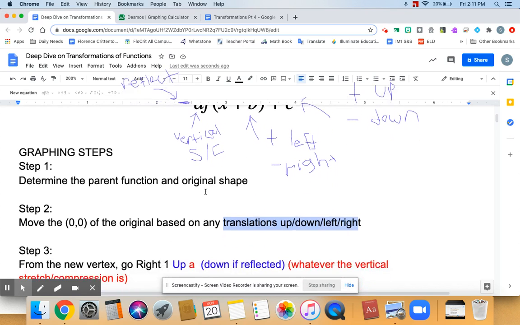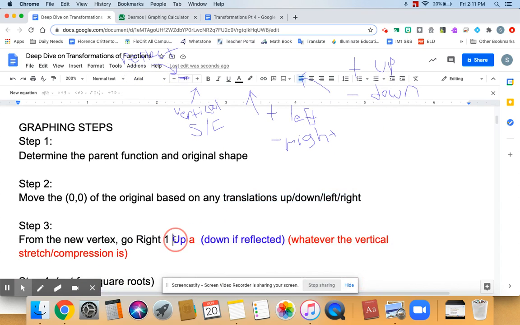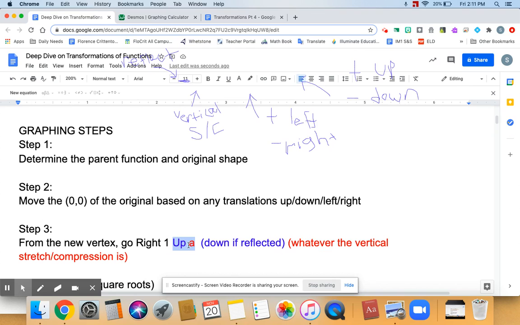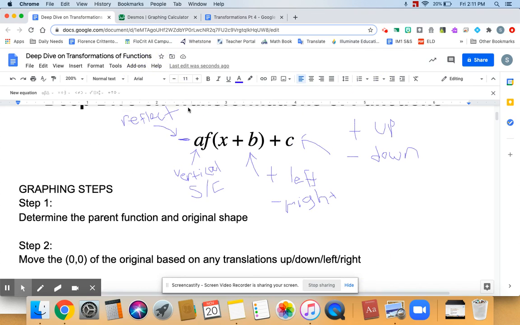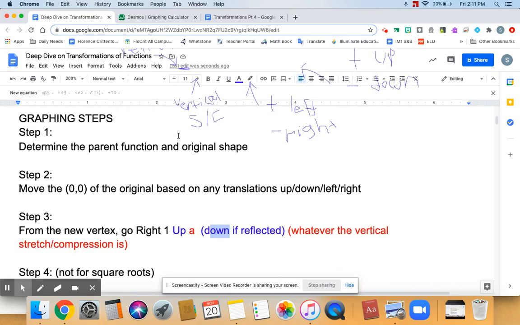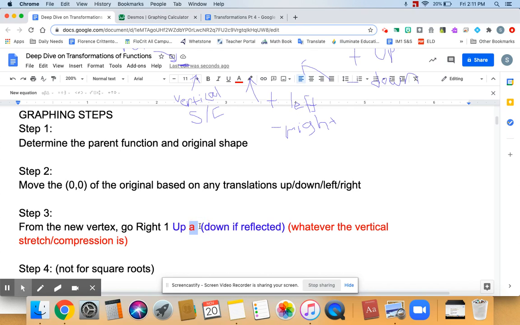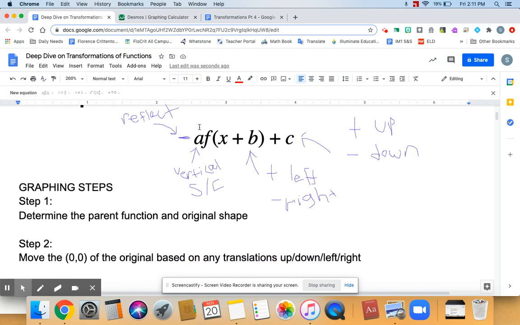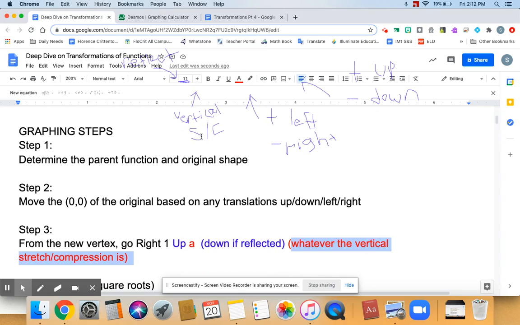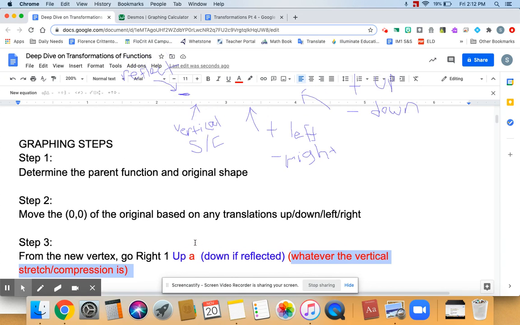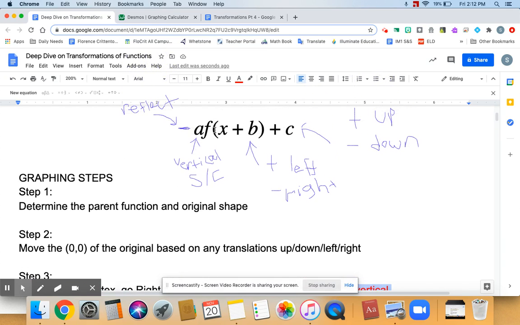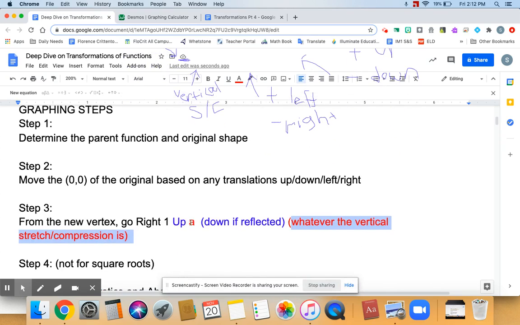Then, from the vertex, you're going to go right one and up a amount. So in blue, I did down, because it's actually down if it's being reflected, if this negative is in front. And the a is whatever number the vertical stretch or compression is. So if there's nothing there, then it's the invisible 1, so it would be up 1. But whatever other number is there is how much you go up or down by.